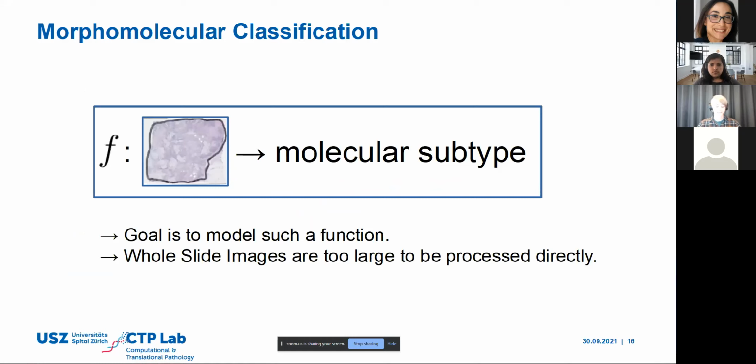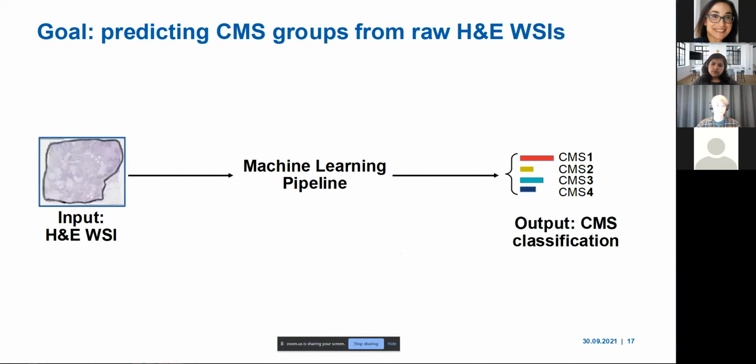So to summarize, the goal of our project is to find an algorithm that takes a raw whole slide image as input and then predicts the subtype the patient would belong to if we were to do the molecular test. Typically, the state-of-the-art approach would be to have a machine learning pipeline to model this function and make the prediction.